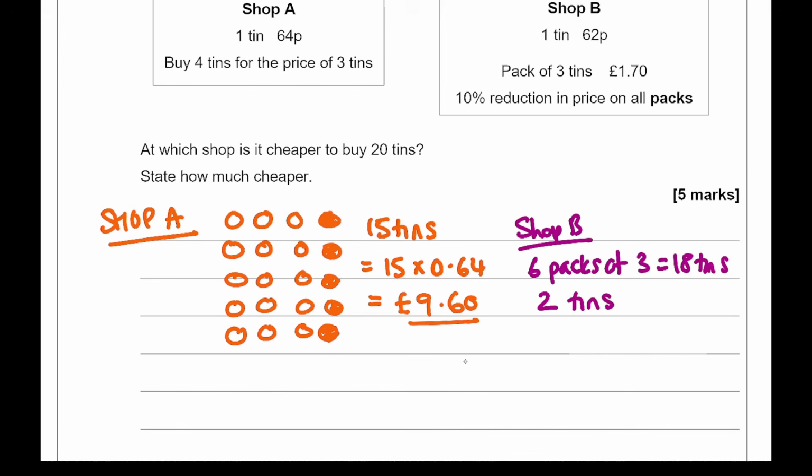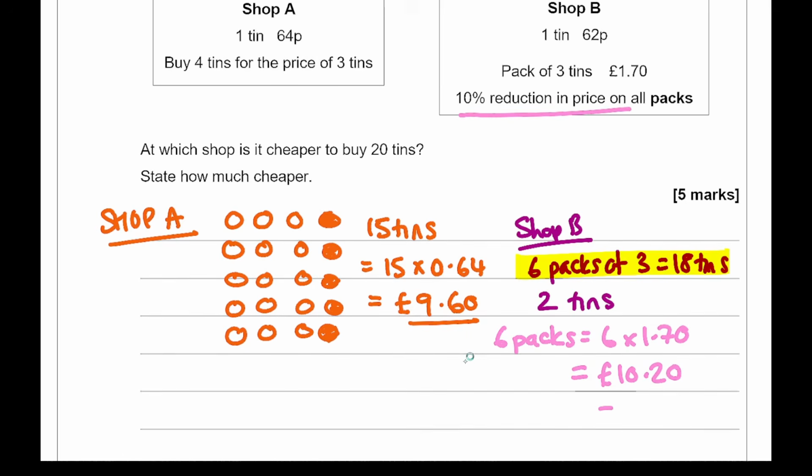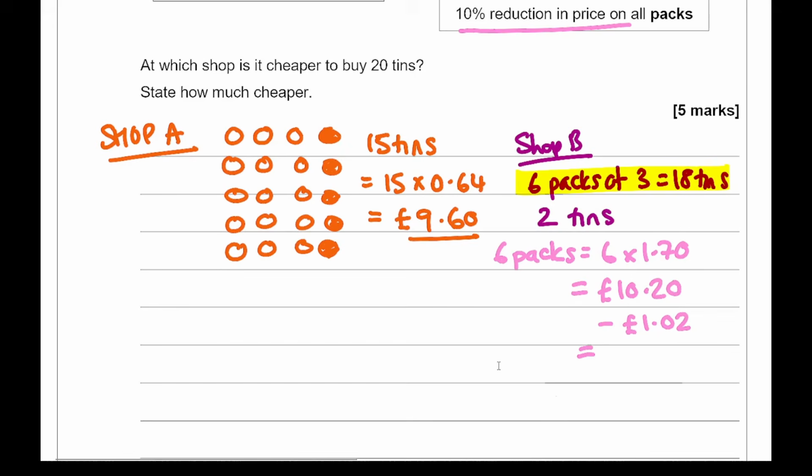Now if I deal with the 6 packs of 3 tins, then 6 packs equals 6 times £1.70, which comes up to a cost of £10.20. Now with this I get a 10% reduction, so 10% is going to be £1.02 taken off, which gives me a total cost of those 6 packs as £9.18.